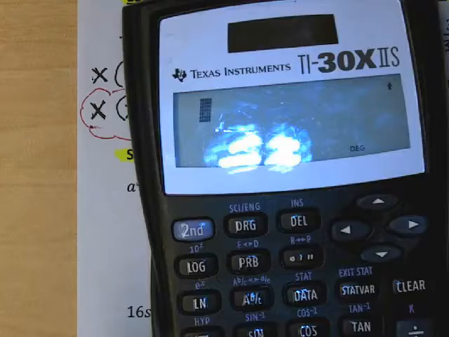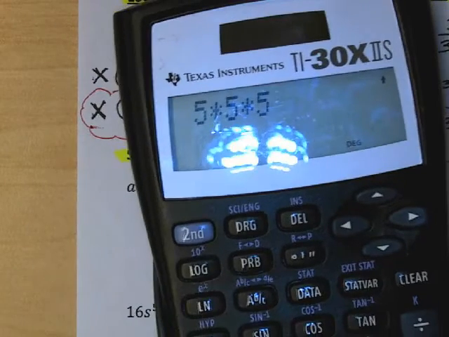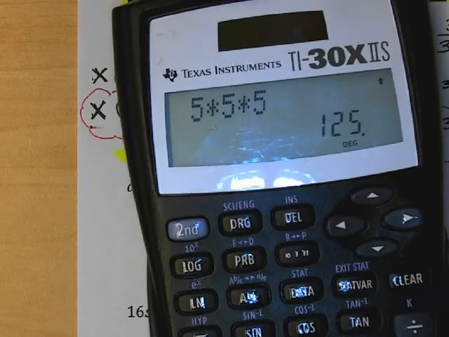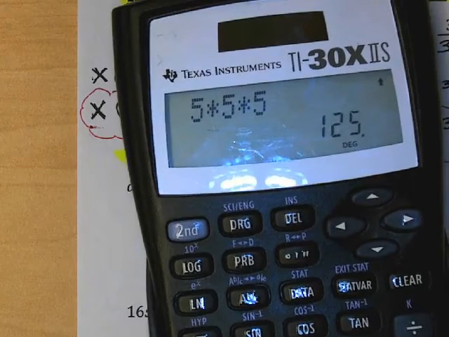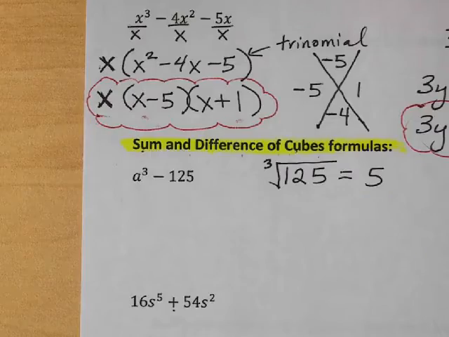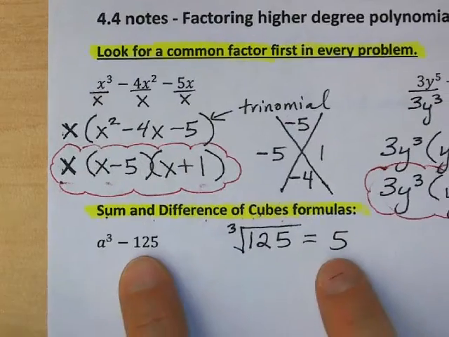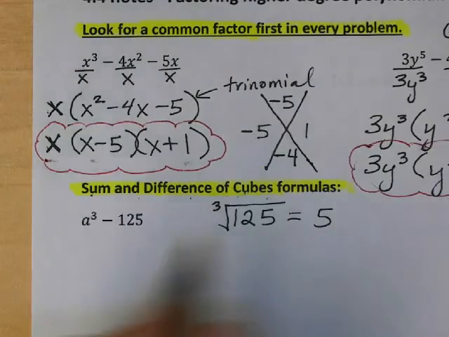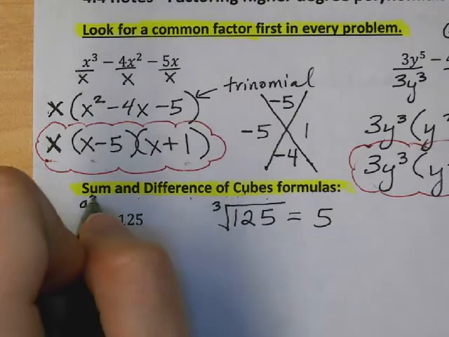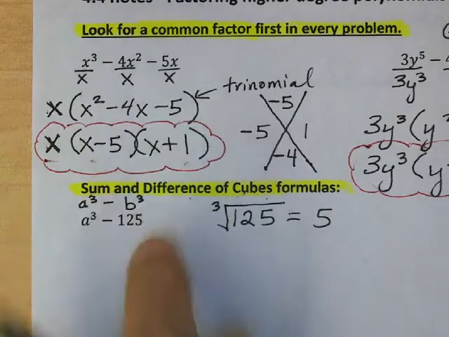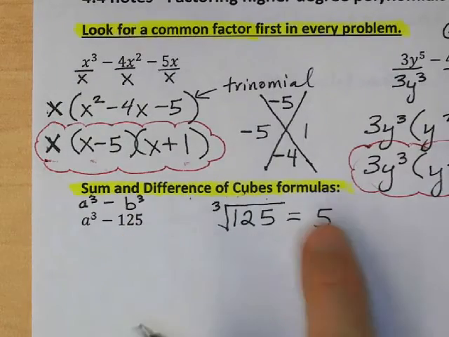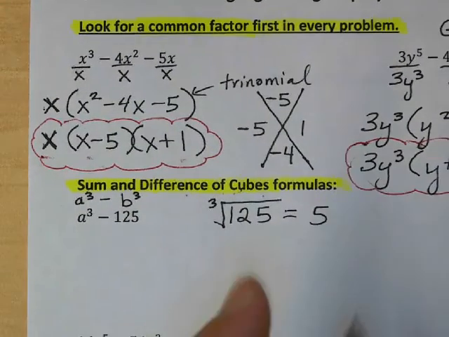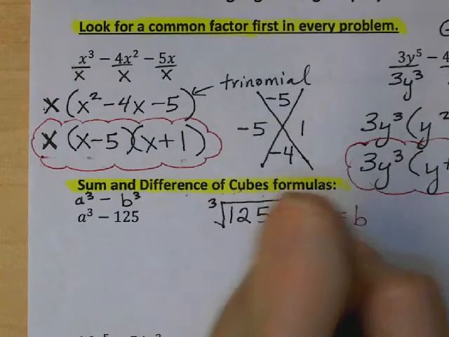I can show you: 5 times 5 times 5 is 125. It just means you're finding three of something that makes that number. So this 125 is the second part of the equation. The formula over to the side said a to the third minus b to the third, so I was trying to get you to figure out what b is. b is 5.